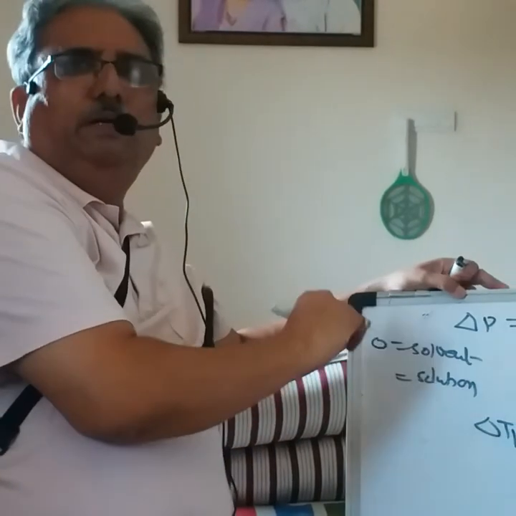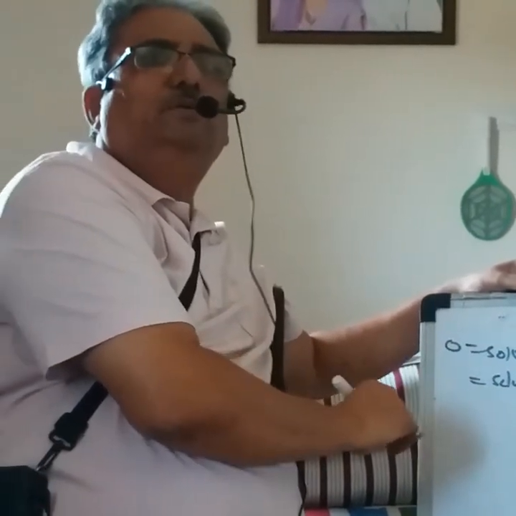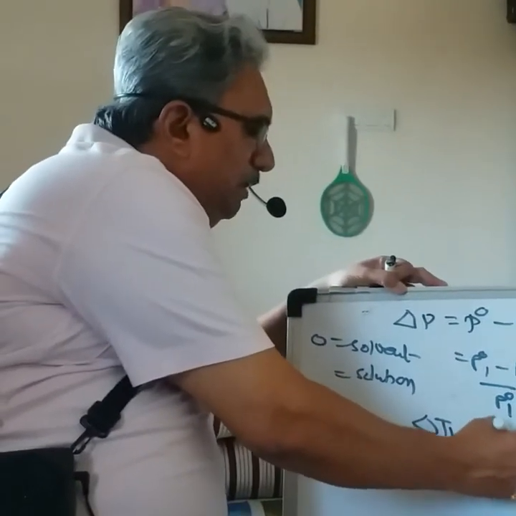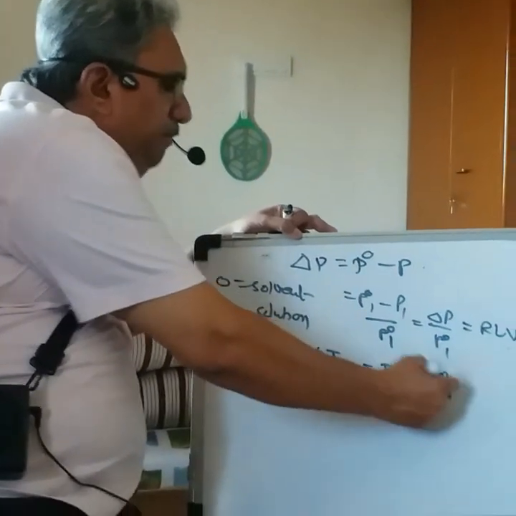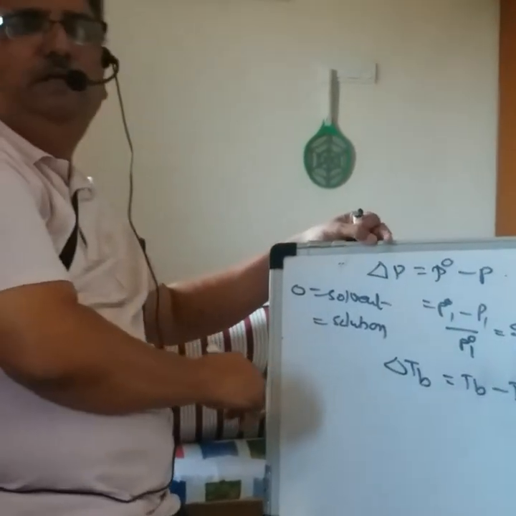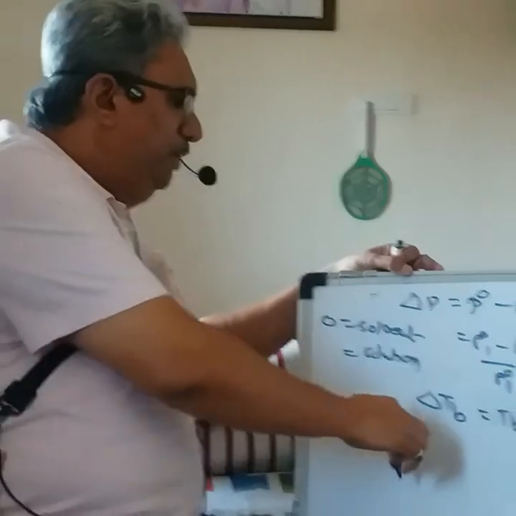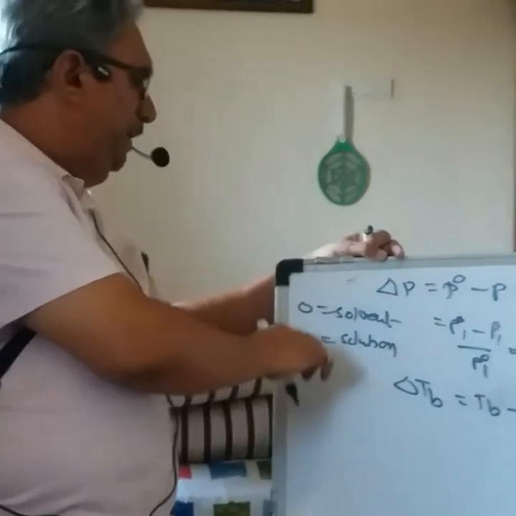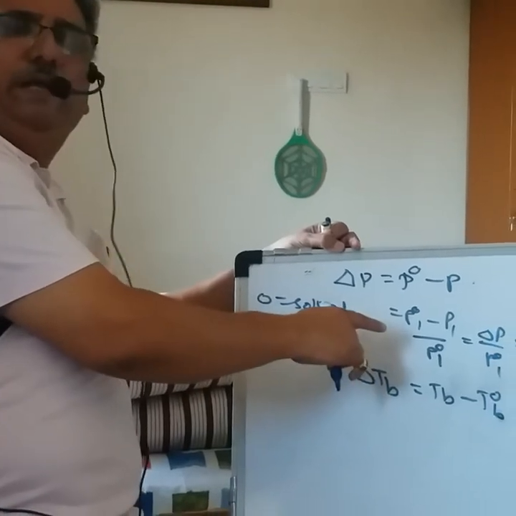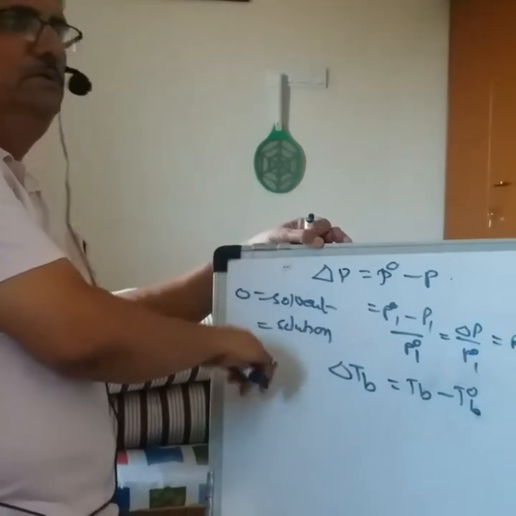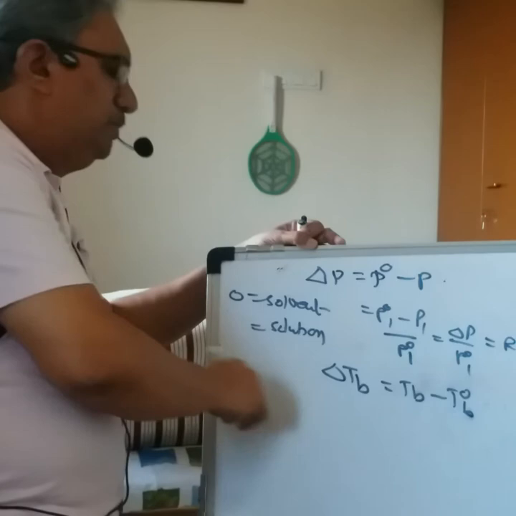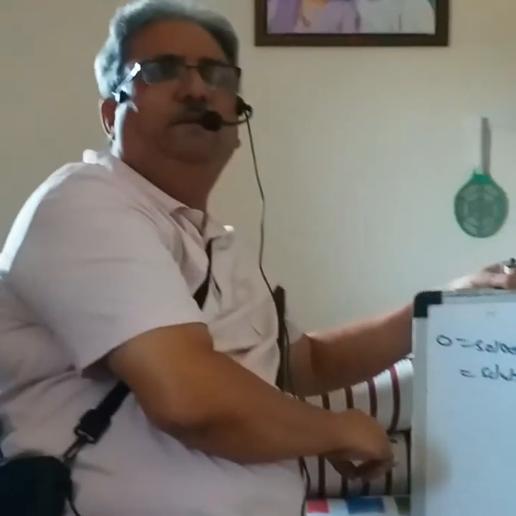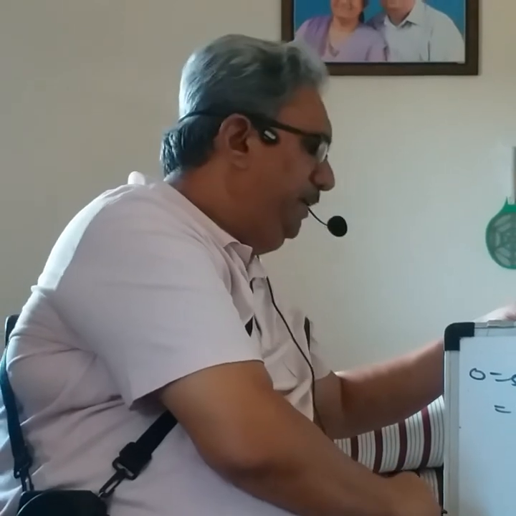Here the boiling point of the solution is higher, so our formula will be TB minus T0, where T is temperature and B is for boiling point. So it is the boiling point of solution minus the boiling point of solvent. Again, the 0 symbol indicates the solvent's value, and without 0 it is the solution's value. So delta TB is called elevation in boiling point, which is another colligative property.